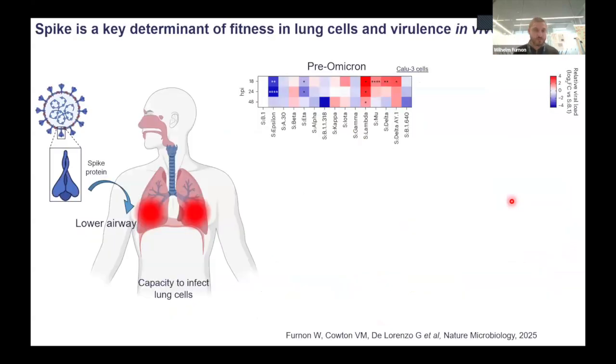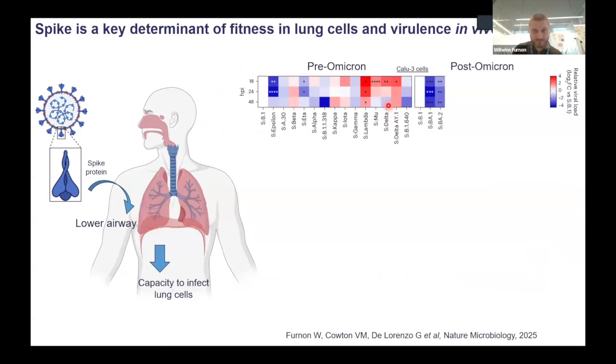So first, to give a brief overview without overloading with data, like I said, we characterized these viruses in Calu-3 cells, and we could see that within the pre-Omicron era, they didn't change that much. Of course, some did perform a bit better in the cells, like the Lambda or the Delta variants, but nothing really dramatic.